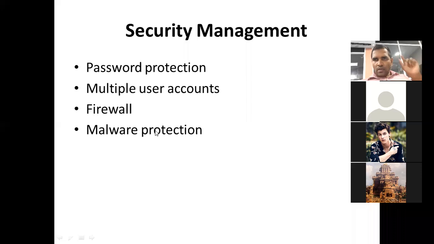To prevent that unauthorized access, this is a kind of unauthorized access, I didn't give permission for that person. Without my knowing, he or she came to my computer and did those bad things. To prevent such unauthorized access, I have to use a specific component called firewall. Remember, we studied in unit number 2 that firewall can be hardware as well as software, right? In both forms, firewall is available.